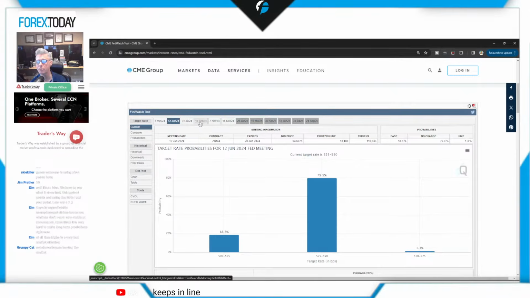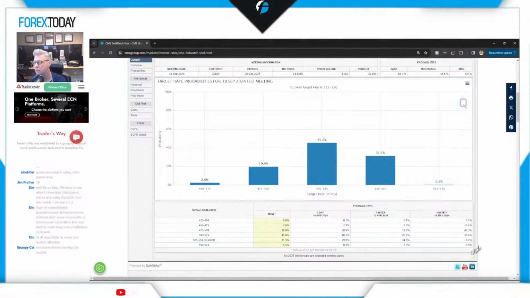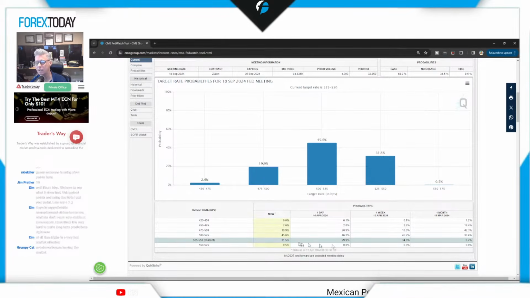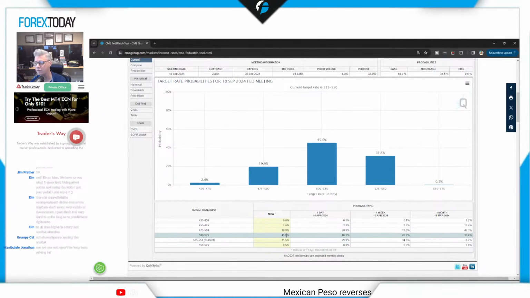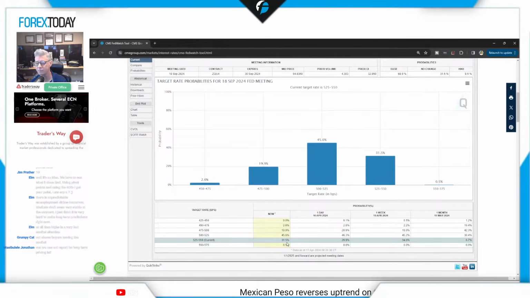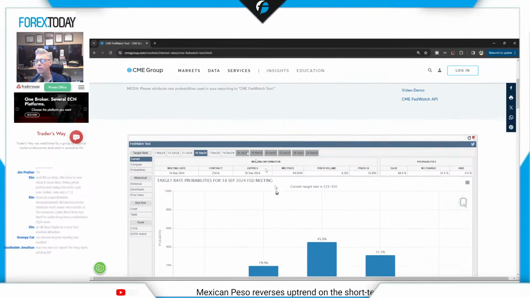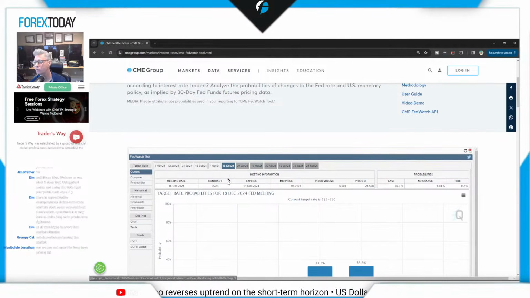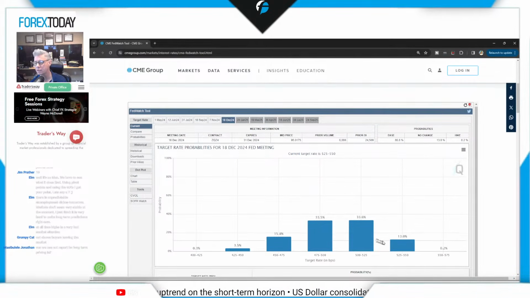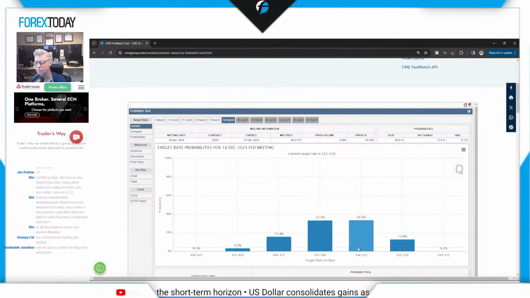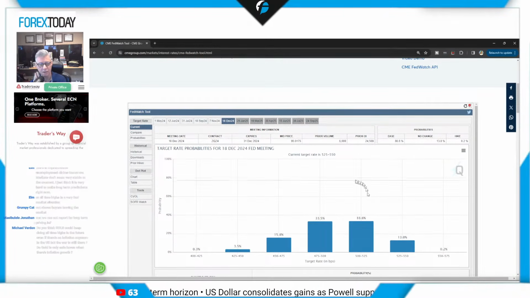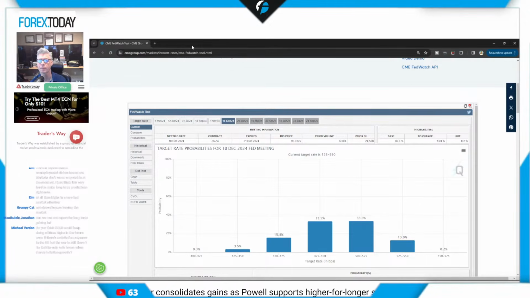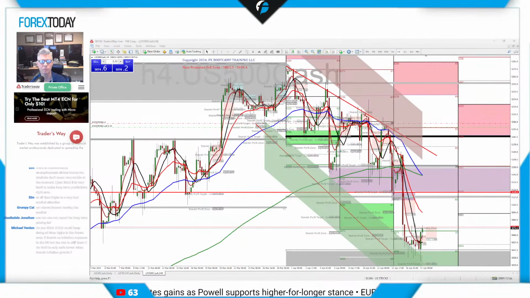Then we go to a September meeting. And it's dropped very significantly as well. What I'm getting at is, as you go through, these numbers are changing dramatically, both when they cut and the number of cuts. Why do I bring this up?